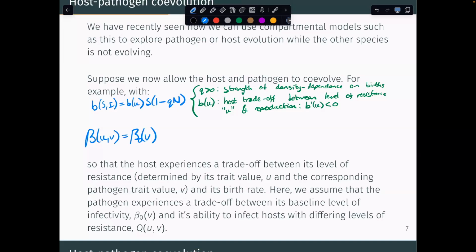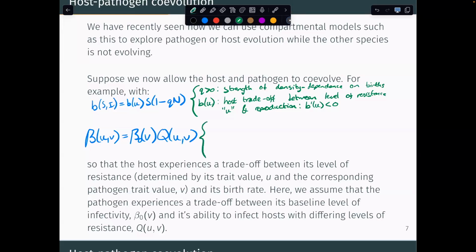So beta naught is just some baseline function for, you think of this as being the maximum infectivity of a pathogen with infectivity level V. So you can think of this as being somewhat analogous to producing lots of transmission stages, right? So where's the pathogen directing its attention? Okay. And then we're going to multiply this by function Q of U and V.